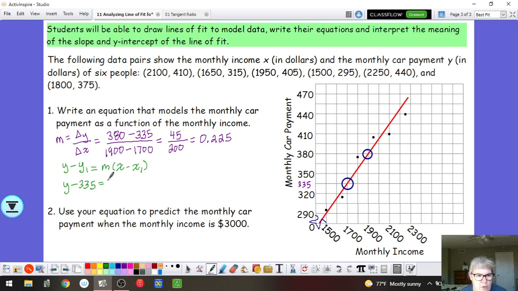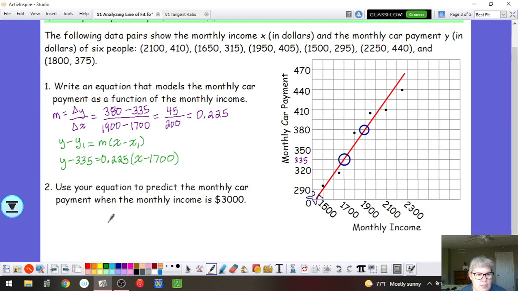We found the slope to be 0.225. And the x value when the payment is 335 is 1,700. So now we can go to part 2 and use that equation to make a prediction.